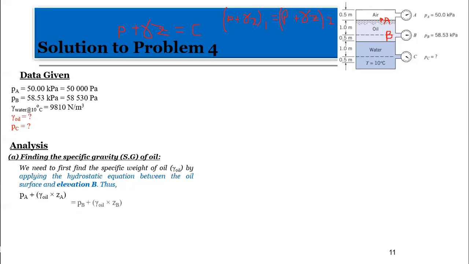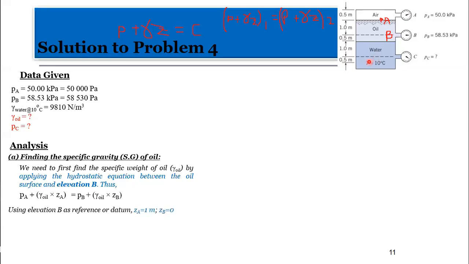So this should be equal to PB plus gamma of oil, because it's the same fluid, times ZB. Here we still don't know how to estimate that. Now, it is up to us to set our reference point or datum line.